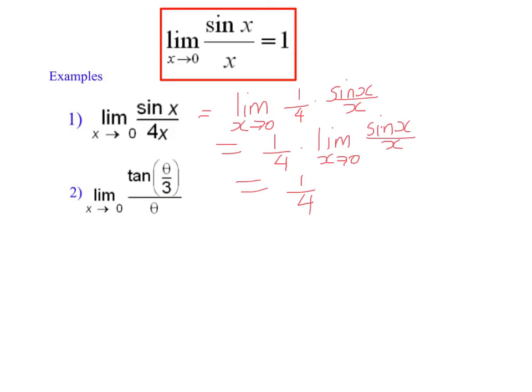So we need to change the angle on the bottom from theta to theta on 3. But we can't just change it to theta on 3, that'll change the value of it.